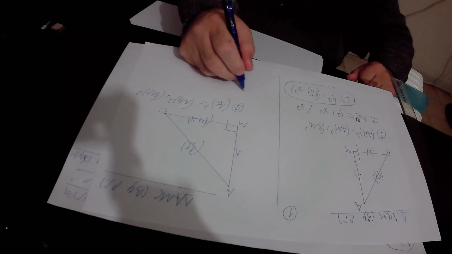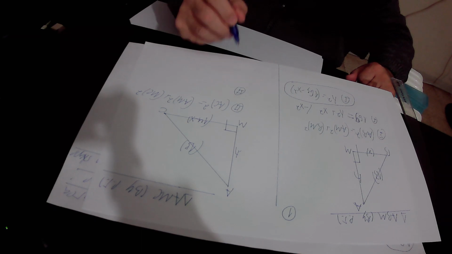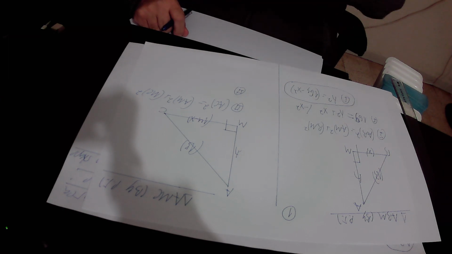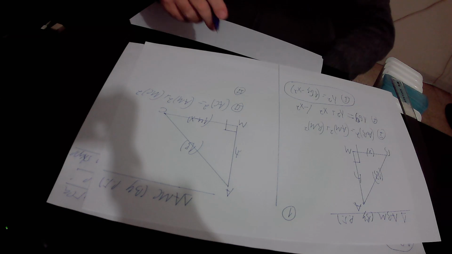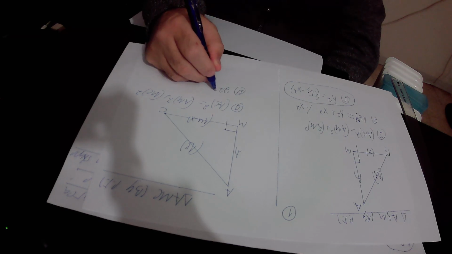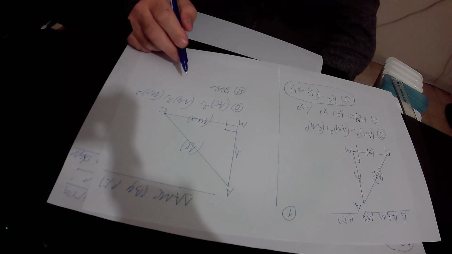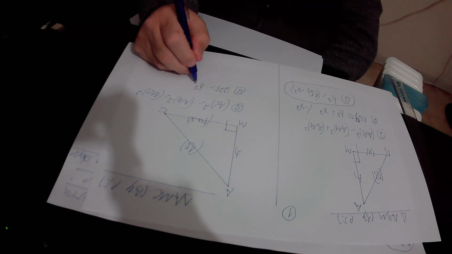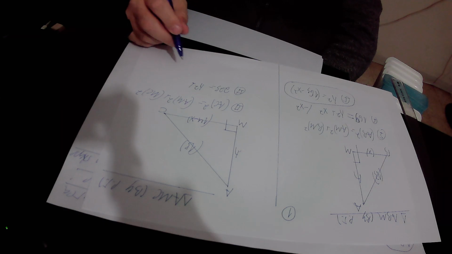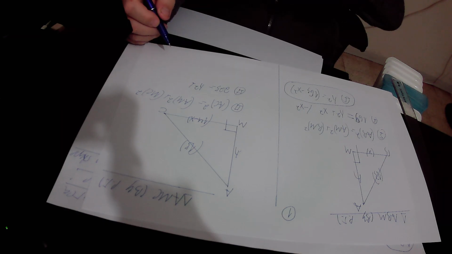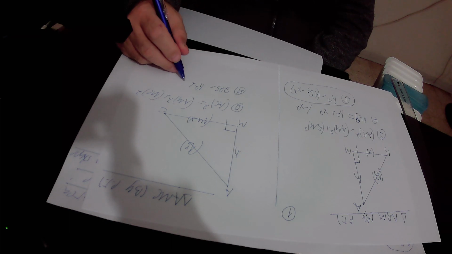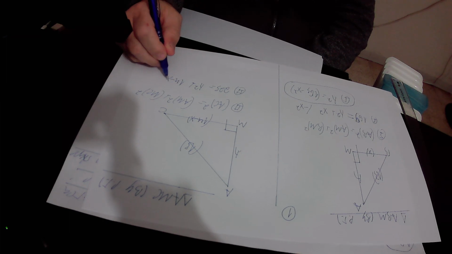So according to equation number 2, AC is 15, therefore AC squared is 15 squared, that is 225. That equals AM squared, AM is H, therefore AM squared is H squared, plus MC squared. MC is 14 minus X, therefore MC squared is (14 minus X) squared.